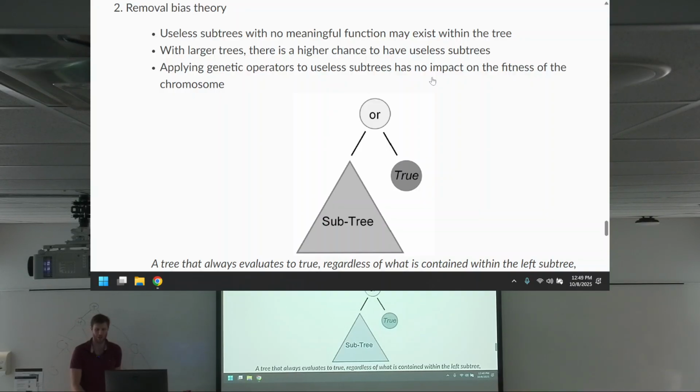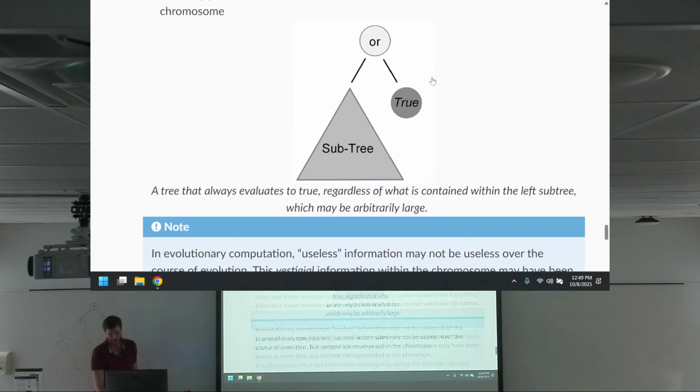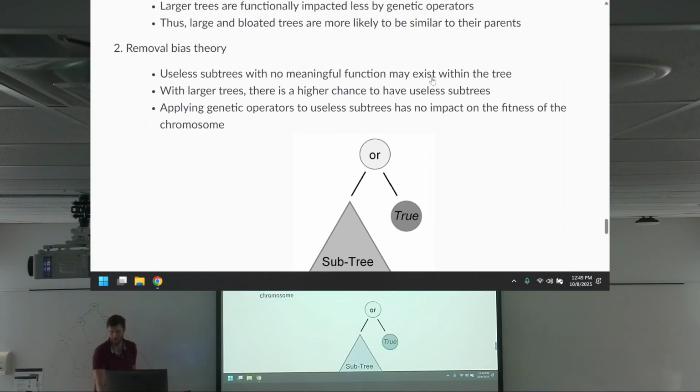And applying genetic operators to these useless subtrees has no impact. I can change anything in this subtree up to this whole subtree itself, and it's going to have no impact at all, right? Any questions about that one?